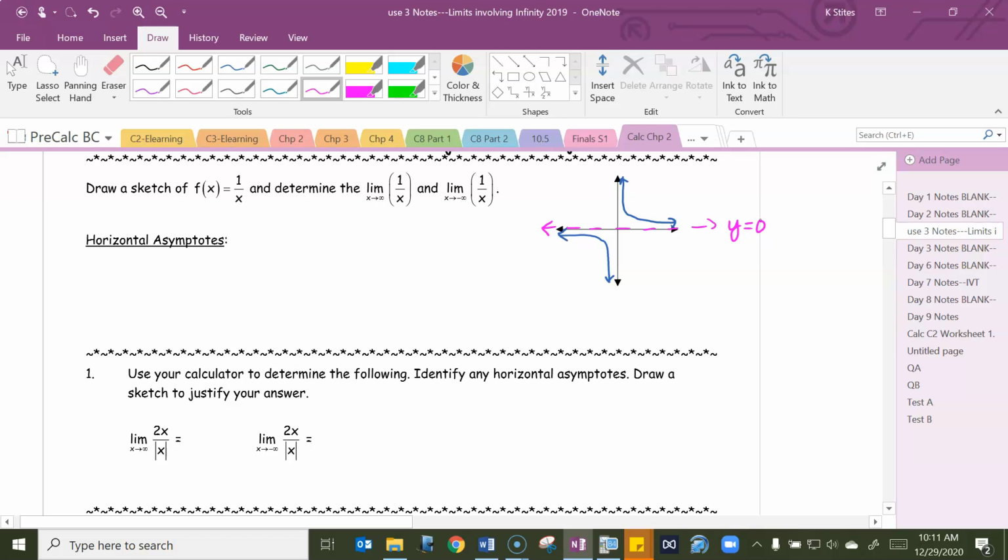So we can identify that from this picture, but let's actually get a definition of how we know if we have a horizontal asymptote using limits.